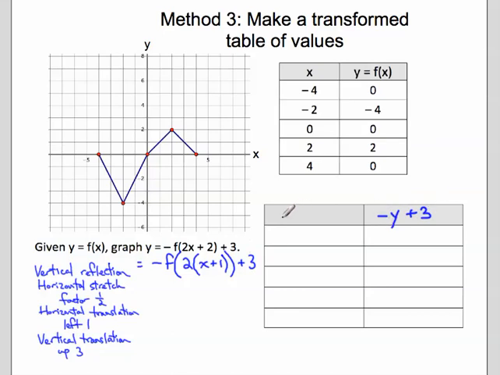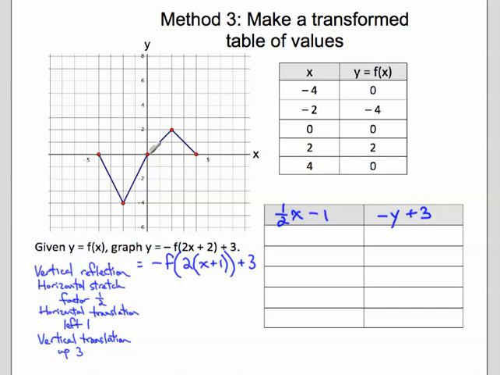Now for the x value, which we're going to write in this column, to get the new x values of the new function, we're going to have to take the old x values and horizontally stretch them by a factor of a half. That means we're going to multiply each of the x values by a half, and then we're going to translate them left by 1. So to move them left by 1, we have to subtract 1 from their values.